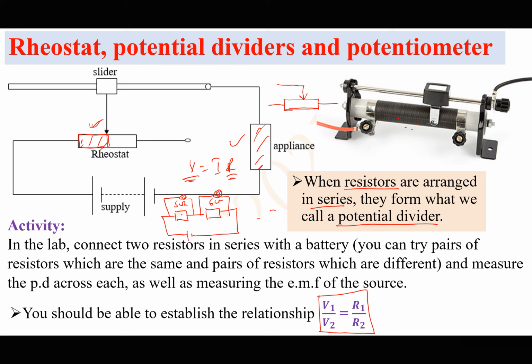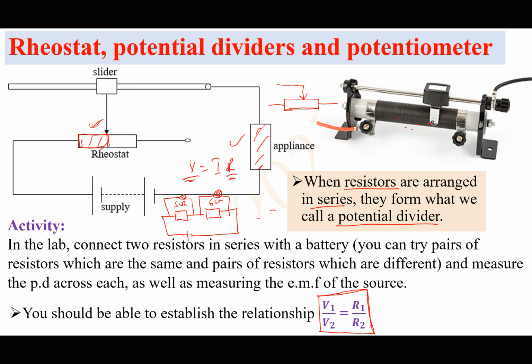Then divide the PD across 5 ohms by the PD across 6 ohms. Then compare with 5 divided by 6. You're going to find out that the ratio V1 over V2 is the same as R1 over R2, which leads us to the potential divider.